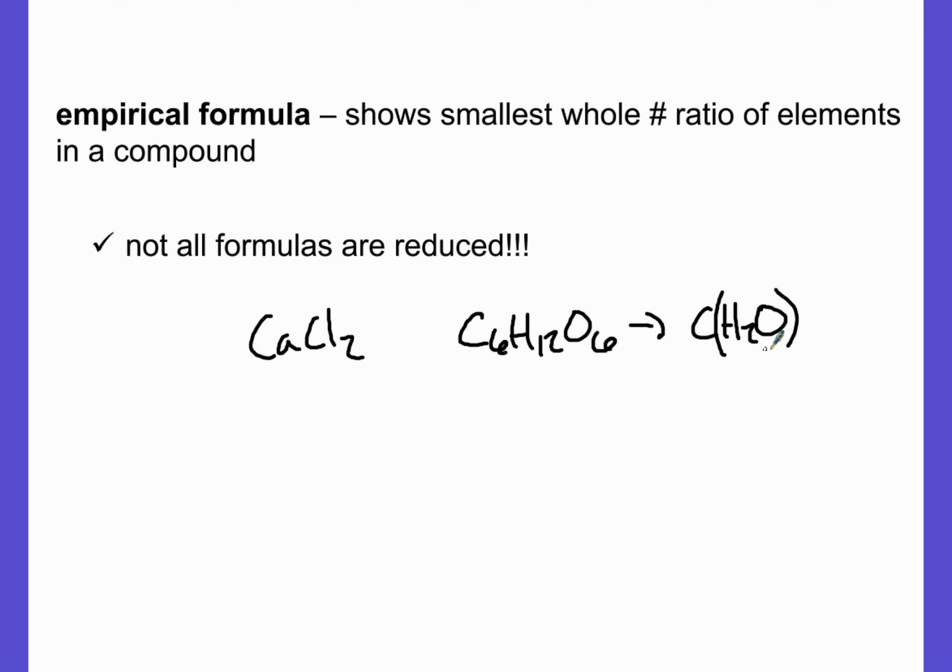The CH2O is the empirical formula, whereas glucose actually has 6 carbons, 12 hydrogens, 6 oxygens. And there are other sugars that may have 7 carbons, 14 hydrogens and 7 oxygens. So you have to be able to go back and forth from empirical formulas to real formulas.